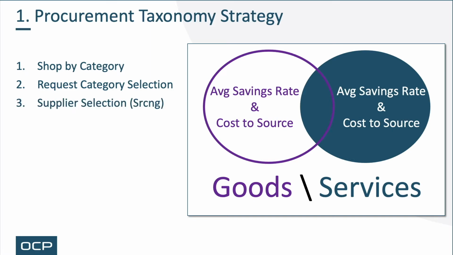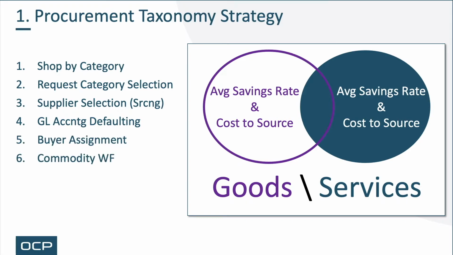Next up, your categories or your taxonomy also relates to selecting suppliers and sourcing, defaulting GL accounts either at the taxonomy header or end state levels, assigning buyers, commodity workflow, spend reporting, and also obviously your category team organization, hence your cost structure.